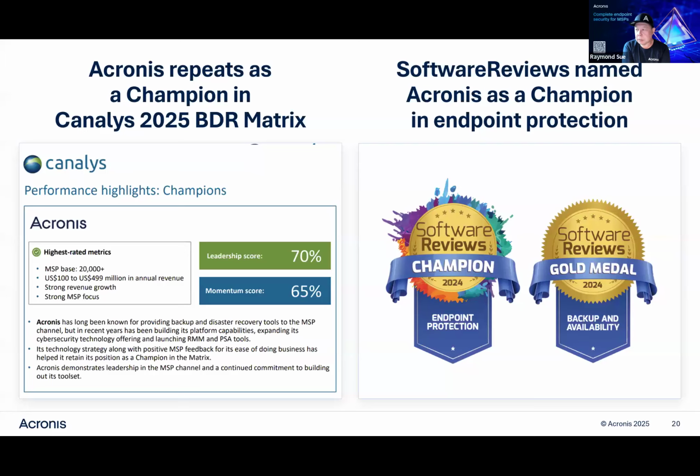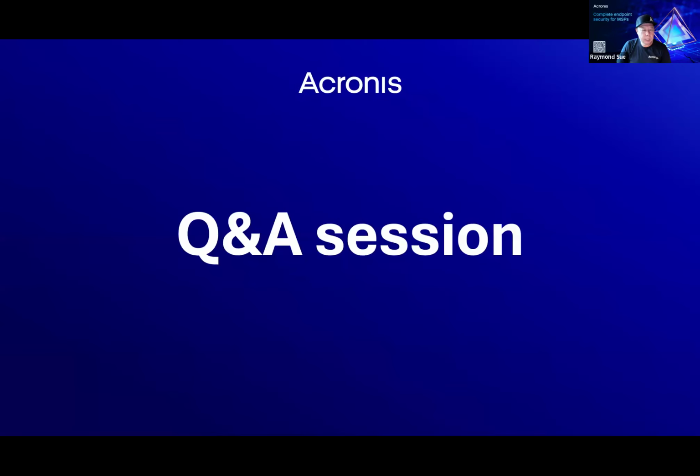When it comes to Acronis Disaster Recovery, we have a couple of awards here when it comes to data protection, as well as when it comes to performance, there's a couple of third-party awards here from Canalys, as well as software reviews. And you can see the leadership score here. And now we'll go to the QA.